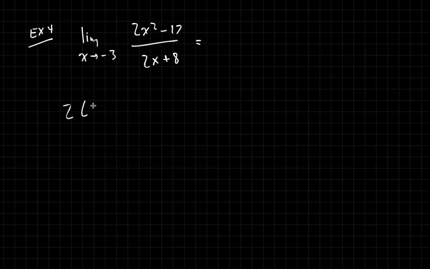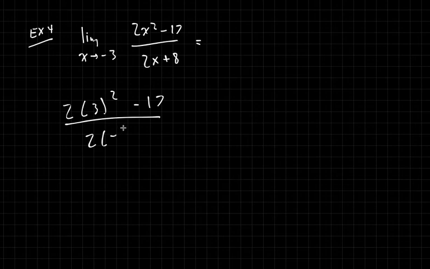So 2 times negative 3 squared minus 17, over 2 times negative 3 plus 8. Negative, but it doesn't really matter in this case, just to be clear.